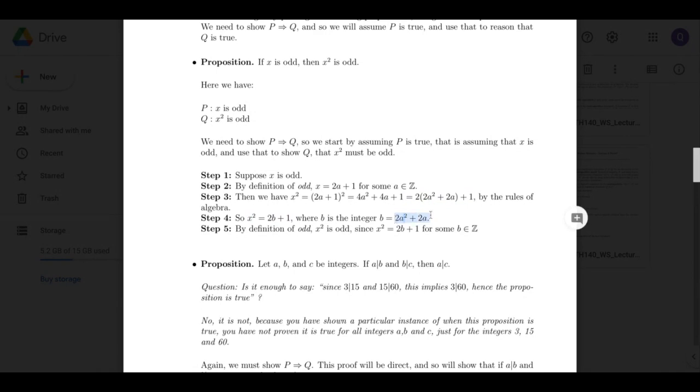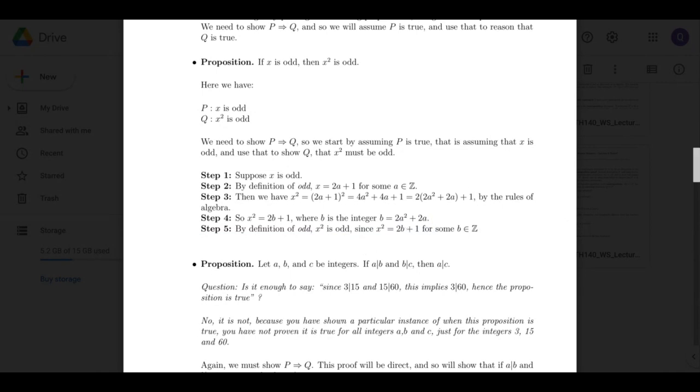By the definition of odd, odd means it's 2 times something plus 1, where the something is in the set of integers. Then x squared is odd because it can be written in the form 2b plus 1, and b is an integer.